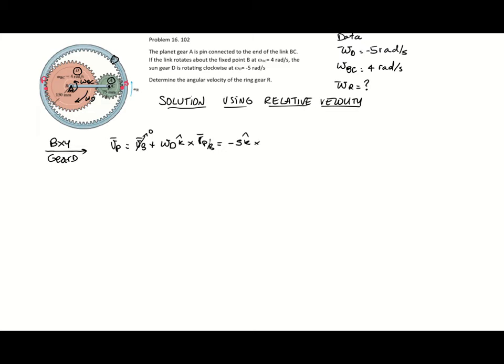From B to P is negative 150 i, therefore the velocity of P equals 750 j, since k times i is j, and negative and negative give a positive value.